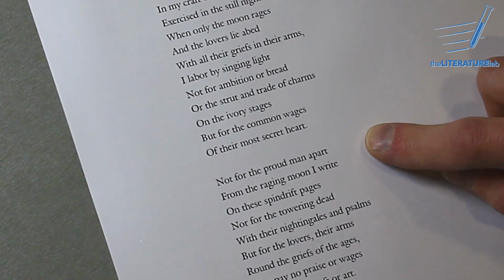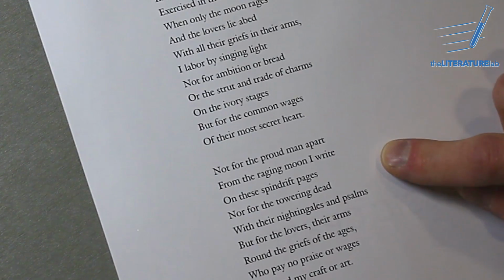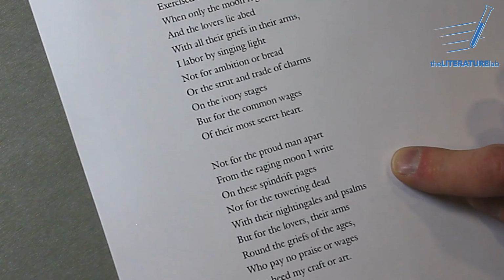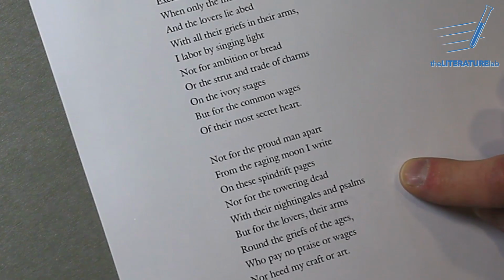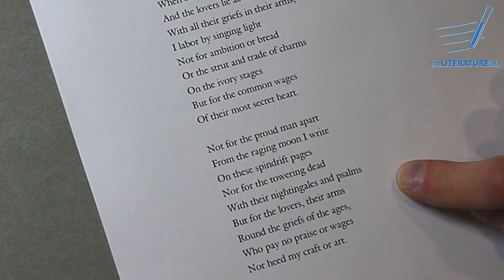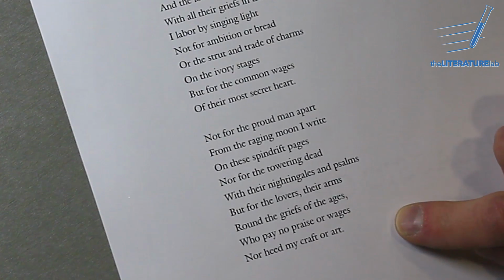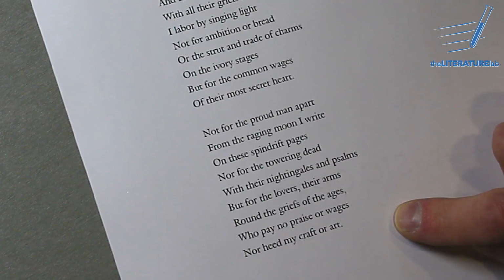Not for the proud man apart from the raging moon I write on these spindrift pages, nor for the towering dead with their nightingales and psalms, but for the lovers, their arms round the griefs of the ages, who pay no praise or wages, nor heed my craft or art.